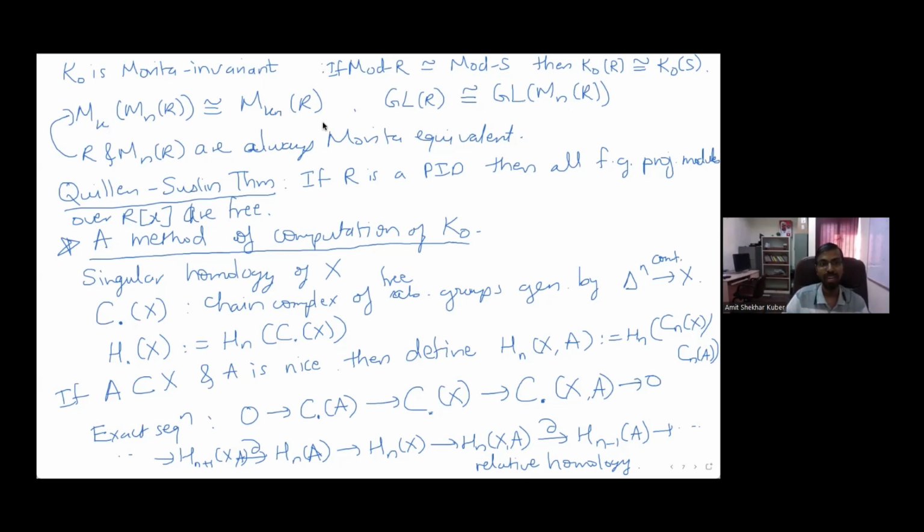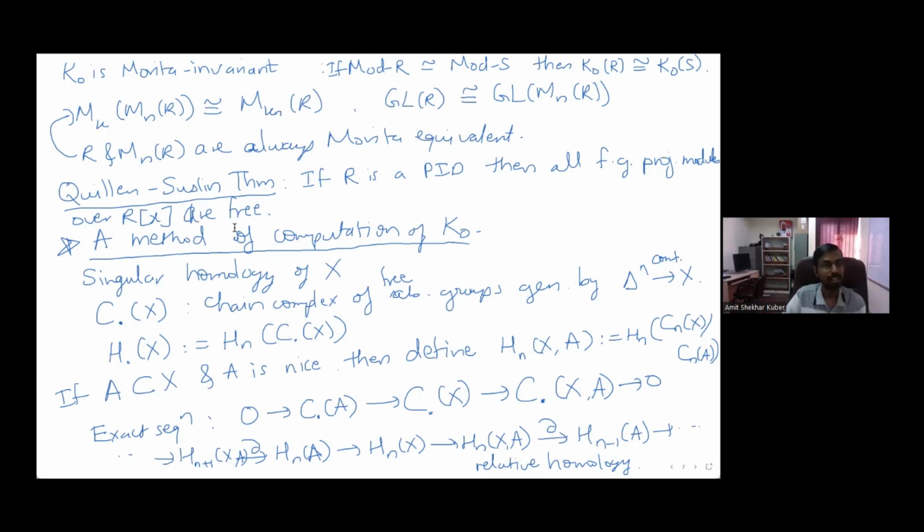Show that MK of this, you understood, then do the same thing for GL. And then you take the direct limit on both sides. You will see why that is happening. Instead of getting the sequence 1, 2, 3, 4 here, you will get a sequence on this side of n, 2n, 3n and so on.